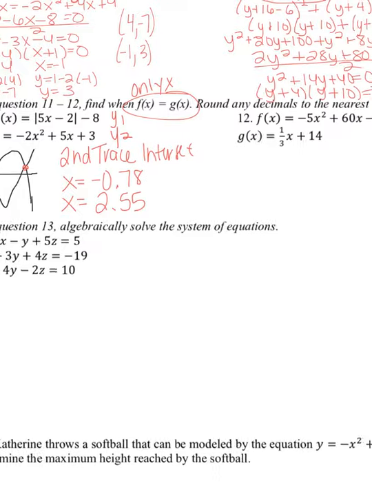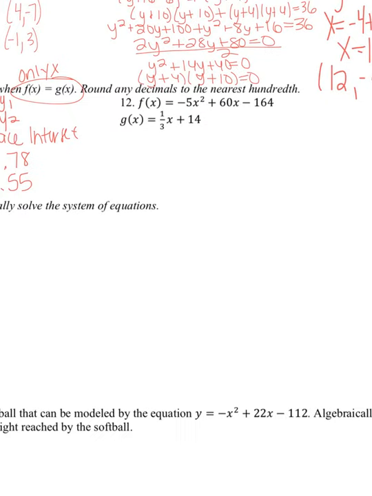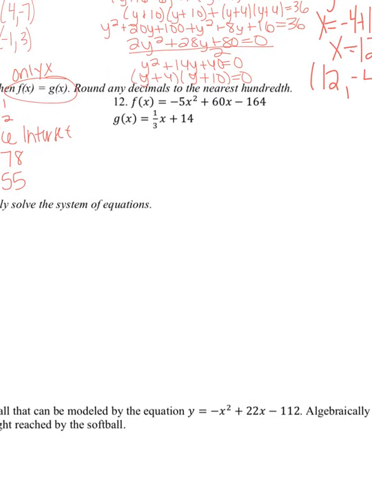Okay, for number 12, you do have to adjust your window a little bit. So plug those two in if you have to now. So number 12, it looks like this in the calculator screen. The way that I adjusted my window, because if you look at Zoom 6, you don't see the line right away. You only see the parabola, and you only see some of it. I knew that my line had a y-intercept of +14.